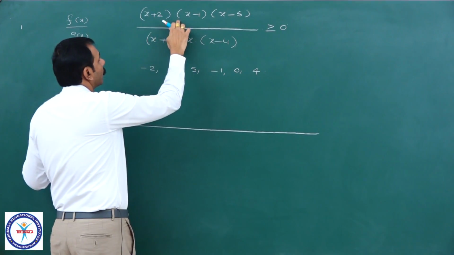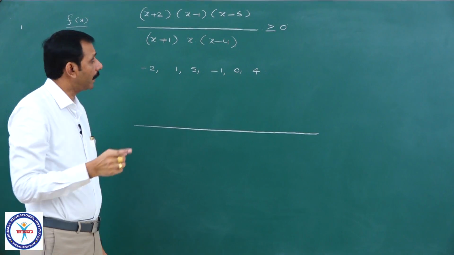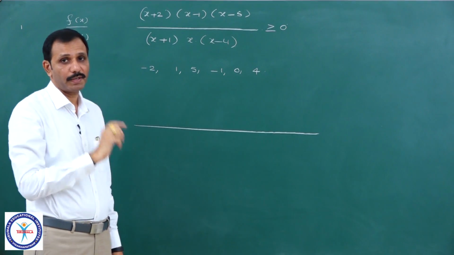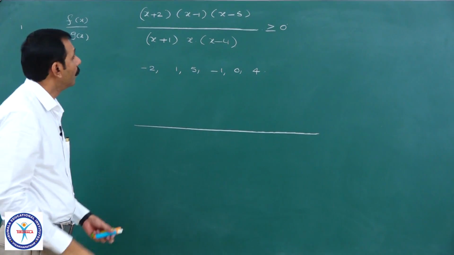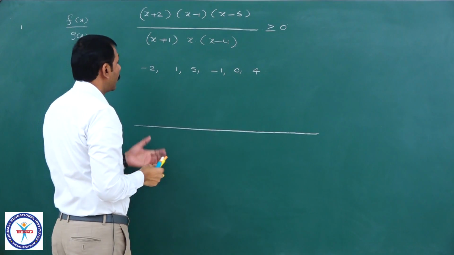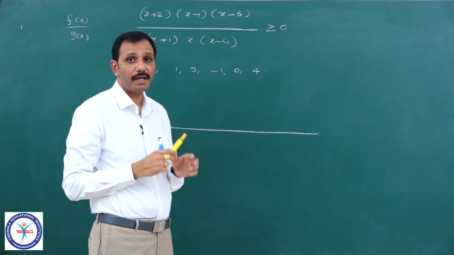Numerator, whatever zeros are there, if you are writing the solution, those values can be included. Whereas the denominator g(x) zeros, because they are in the denominator, those zeros should not be included.